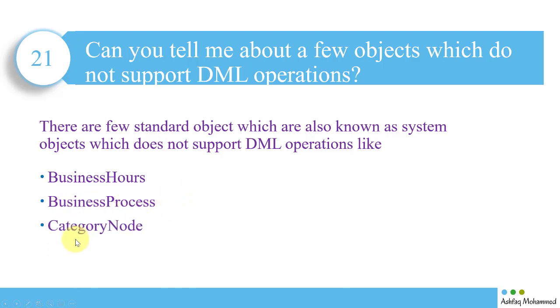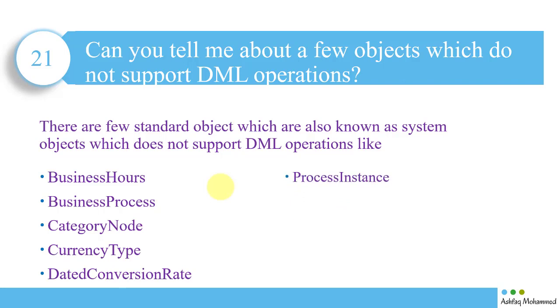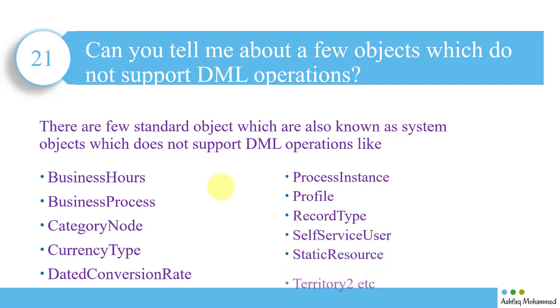You cannot do insert or DML operations on category nodes, currency type, date conversion rate, process instance, right? There are so many, like the profile object also you cannot do, record type, self-serve service user, static resources, territory. All these are objects where you cannot do DML operations, okay?